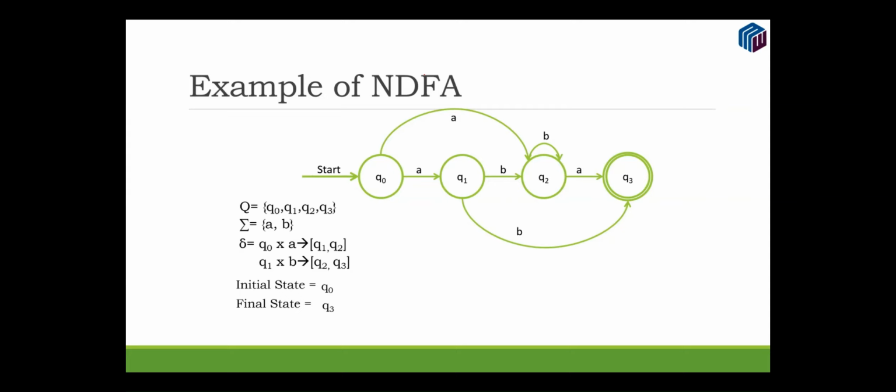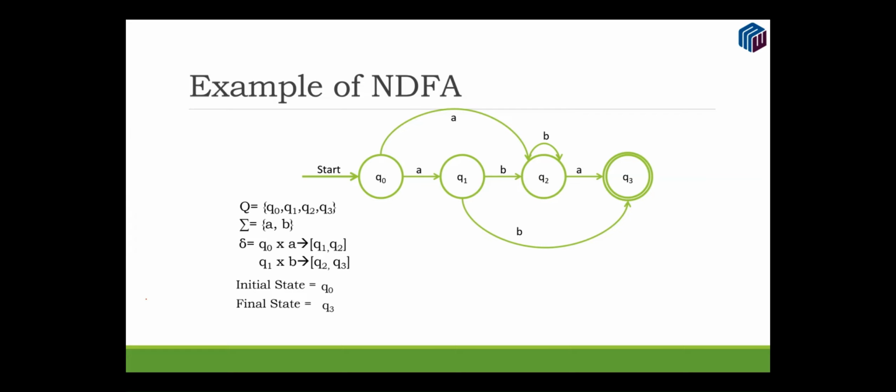Here we have a total of four states: Q0, Q1, Q2 and Q3. The alphabets are A and B. A is repeated multiple times and B is repeated multiple times, but we will consider only A and B. Now coming to the transitions.